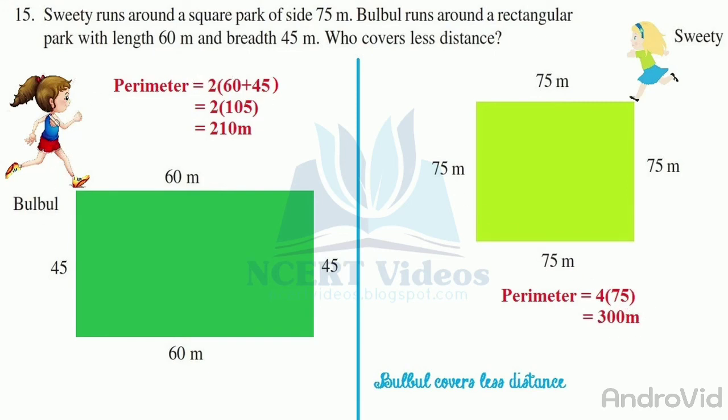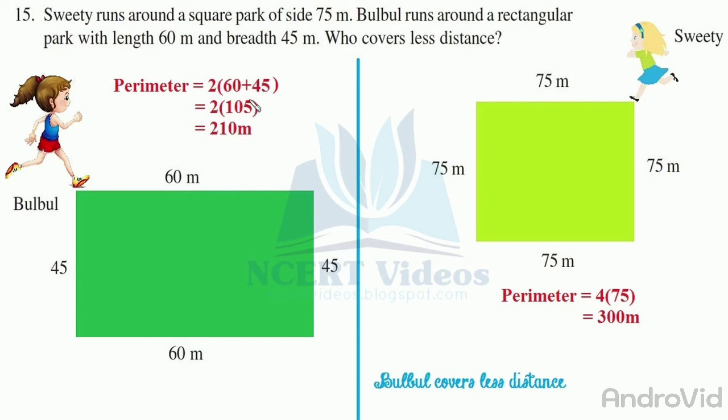Now this is your Bulbul and she goes around a rectangular park. So this is a rectangle having sides 60 meter length and breadth 45. This is again 45. Now perimeter, again we know perimeter is nothing but twice into length plus breadth.